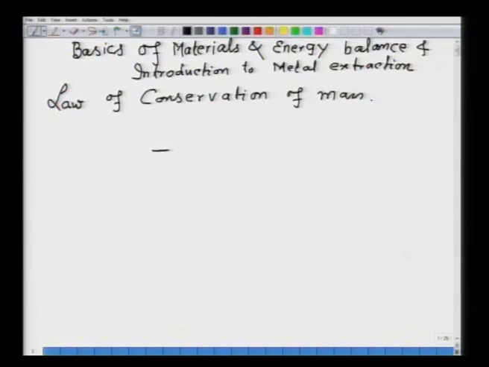Now, let us consider an open system. Say at this point, point 1, we have the input, and at point 2 we have the output.